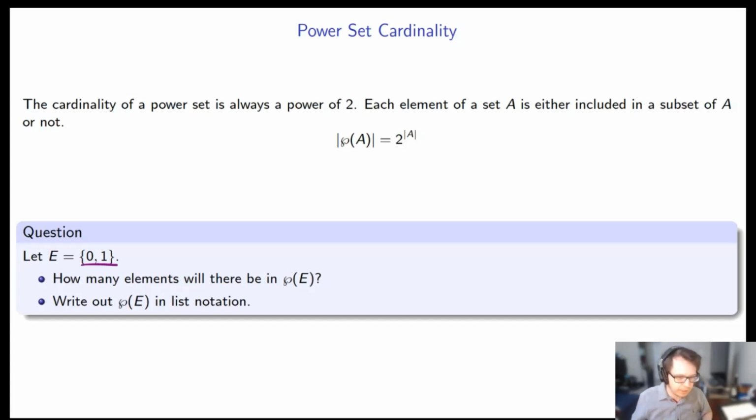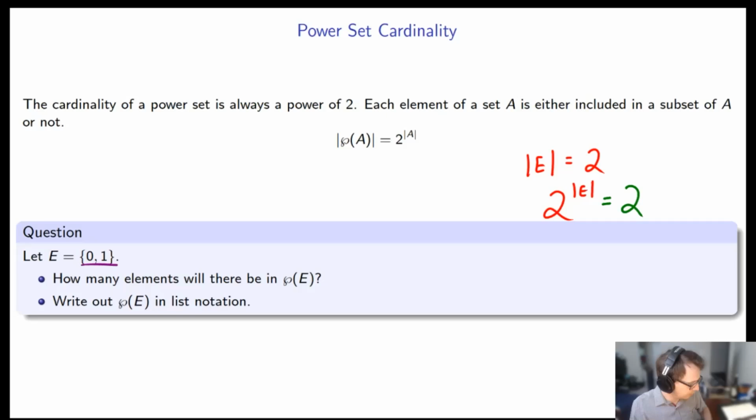But let's talk about cardinality again. So if we take our original set, we know that in that set, E, there are a total of two elements. So to figure out how many elements are going to be in the power set, we just take 2 and raise it to that power. So 2 to the number of elements in E. So if E has two elements in it, that's 2 to the 2, which is just 2 times itself twice.